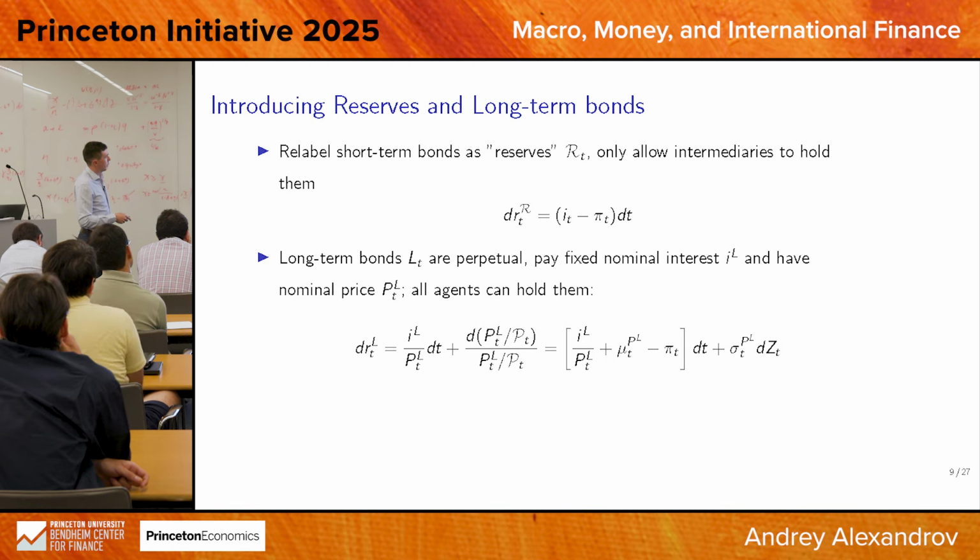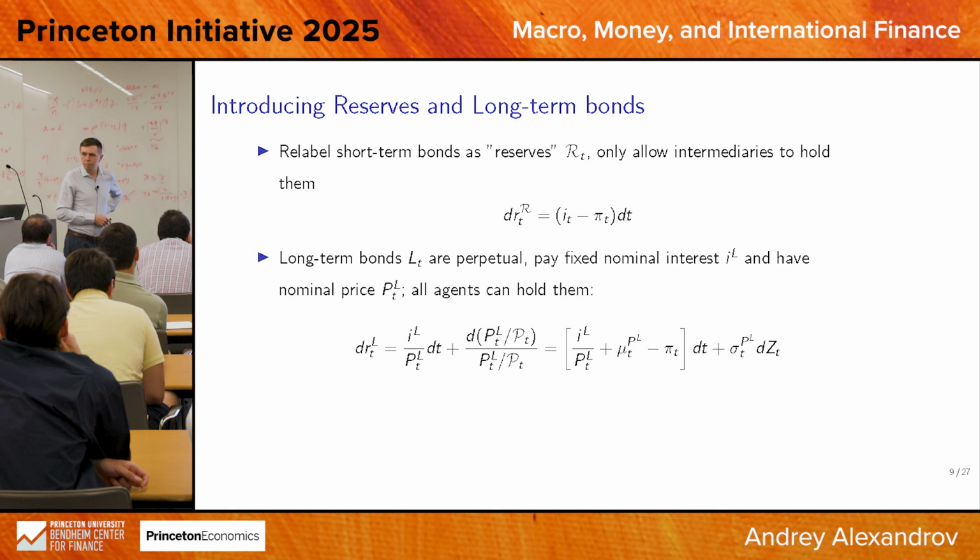So we are going to have some drift of the long-term bond price here, and we will have a volatility loading because the price of long-term bonds can potentially react to aggregate shocks. It's an endogenous price. This one is not going to be sticky. Yes. Is this IL exogenously specified? Yes, and it's not going to matter pretty much at all.